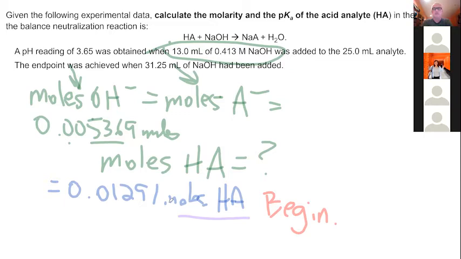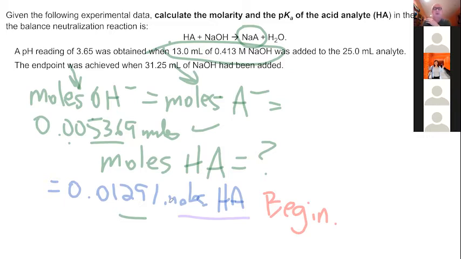That's pretty much the last piece of information I need, the number of moles of the weak acid. I know how many was there at the beginning. It's this. I know how many moles of the weak acid have been turned into A minus. That is that number.